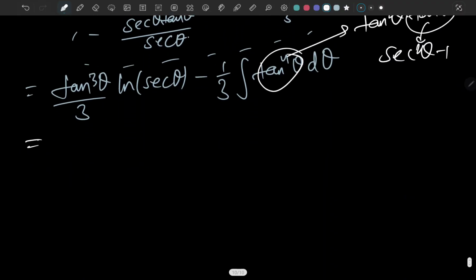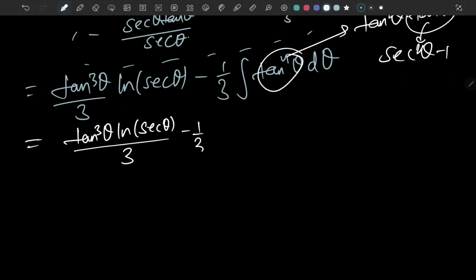So this becomes tangent cube theta times ln of secant theta over 3 minus 1 over 3 times the integral of tangent square theta times secant square theta minus 1 d theta.